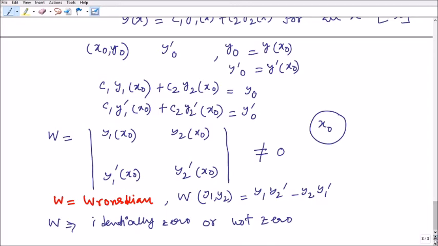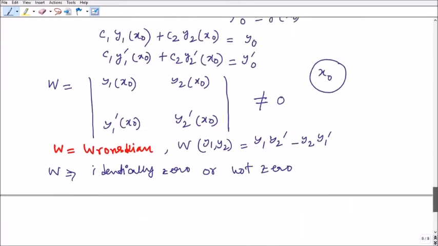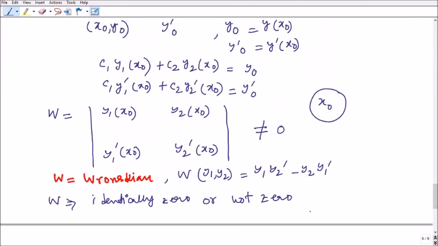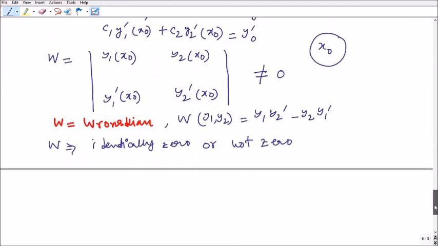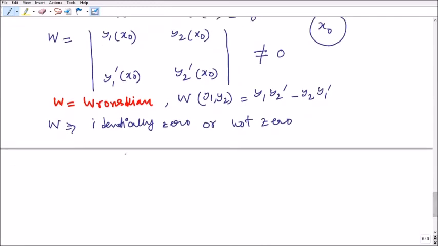We will see that. Now W, the Wronskian, being identically 0 means making W equal to 0 for all values of x.